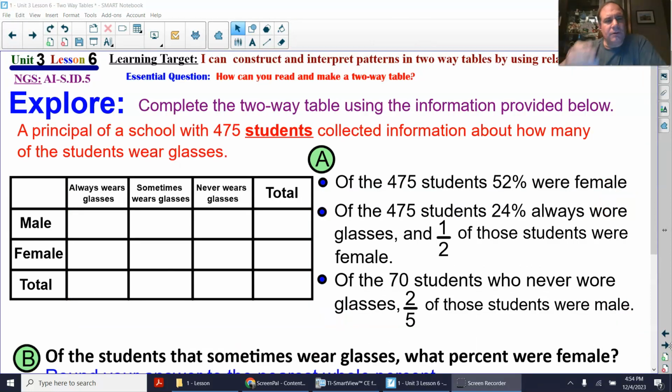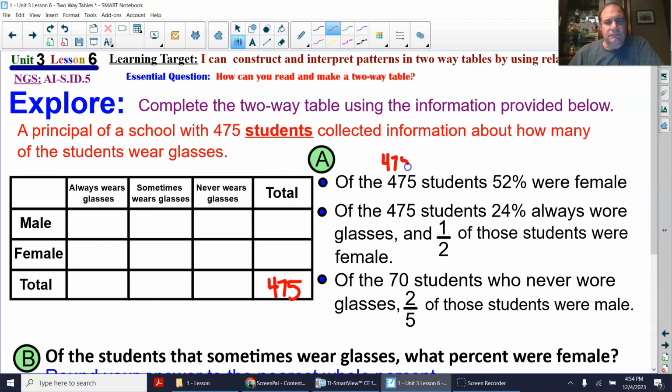Okay, so we have this type of question here, and you could find this on the Regents for sure. It says the principal of a school of 475 students collected information about how many students wear glasses. Of the 475 students, 52% were female.